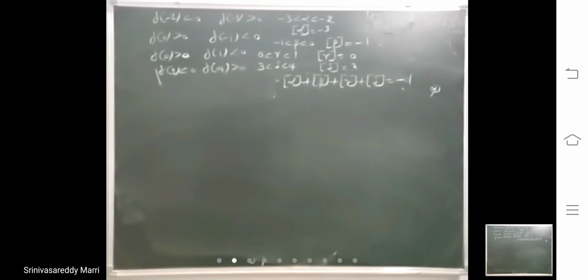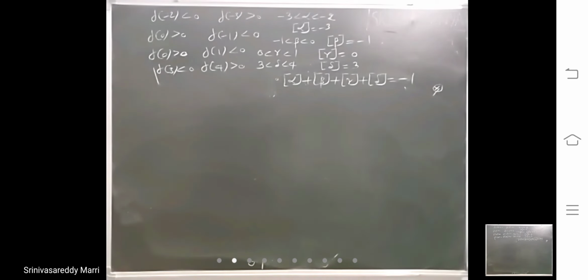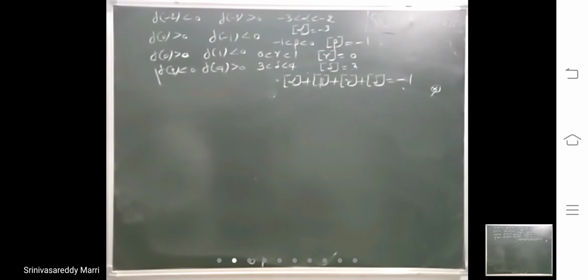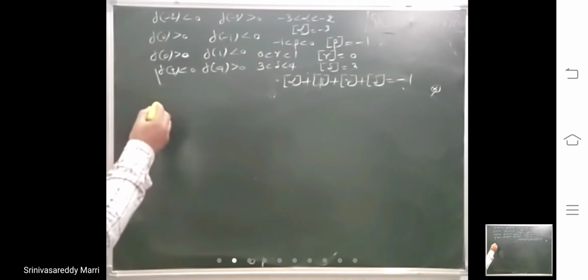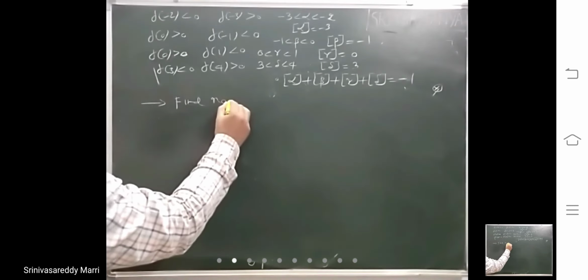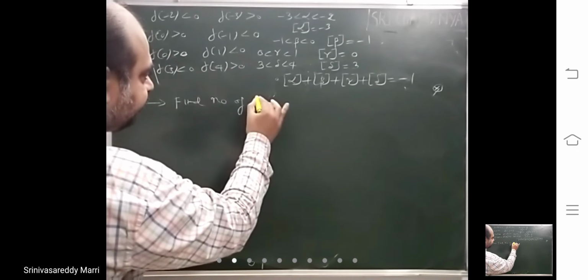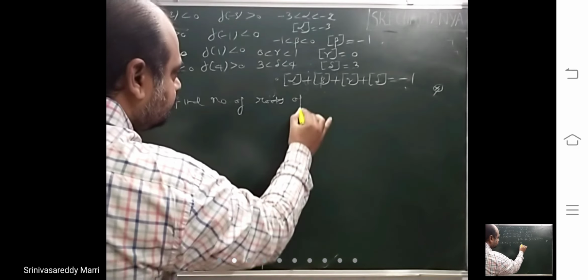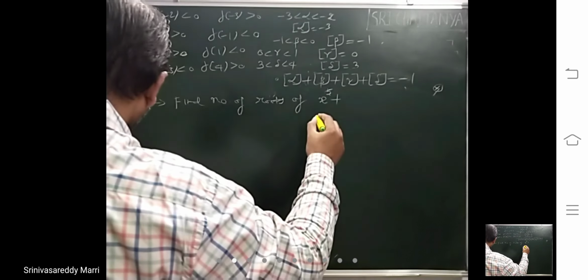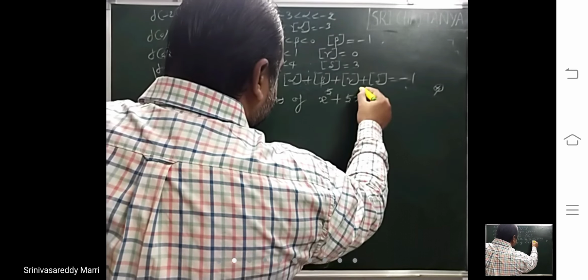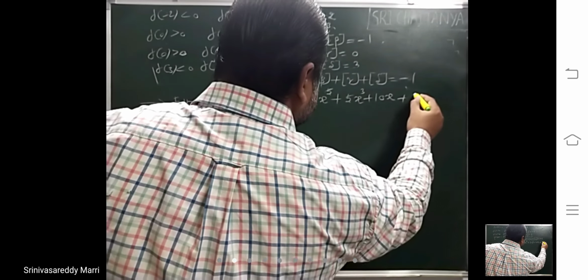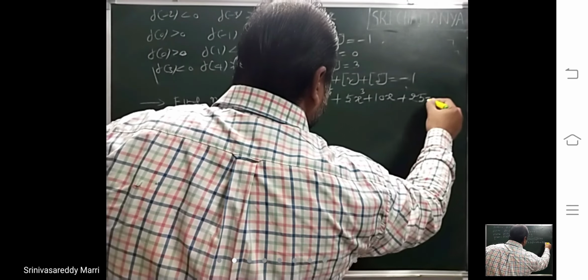Next problem. Find the number of roots of x power 5 plus 5x cube plus 10x plus 25 equal to 0.